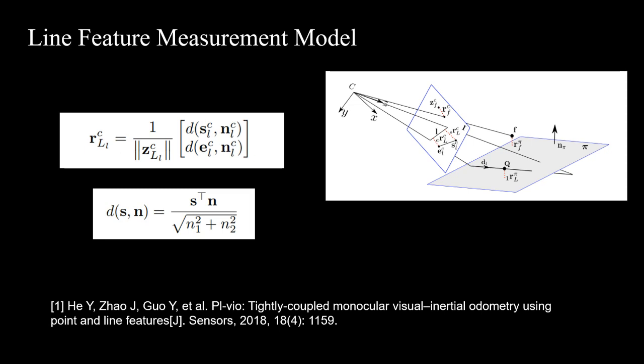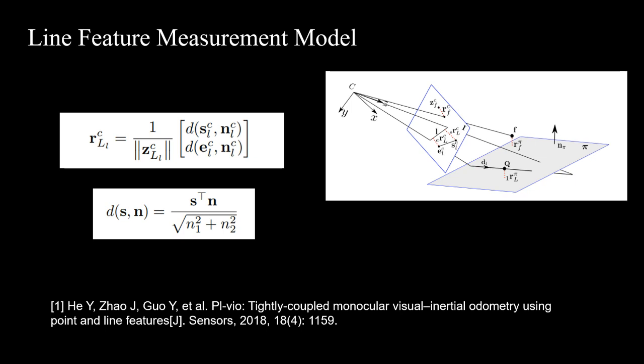For the line feature measurement model, the reprojection error is usually defined as the distance from the endpoints of line segments to the projected line in the normalized image plane. In our system, we normalize the distance with the line segment length, because observations of the same spatial line in different frames have different lengths.